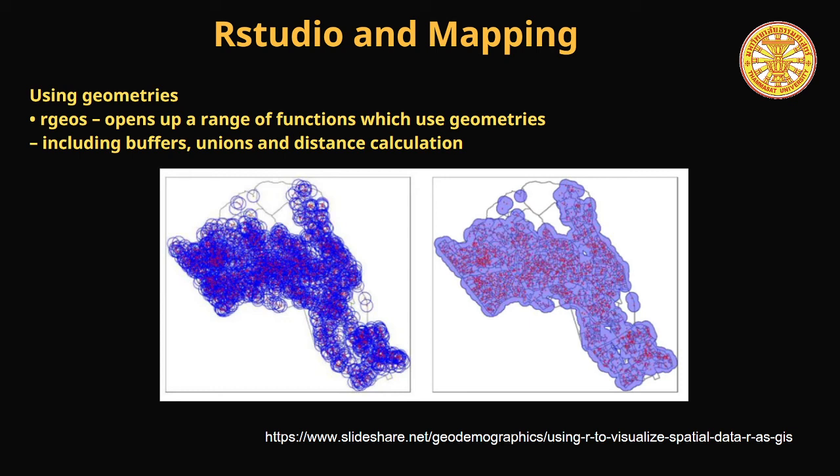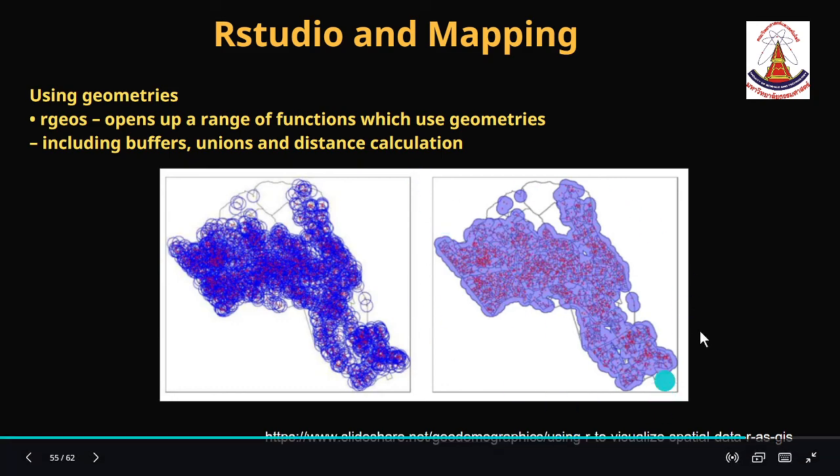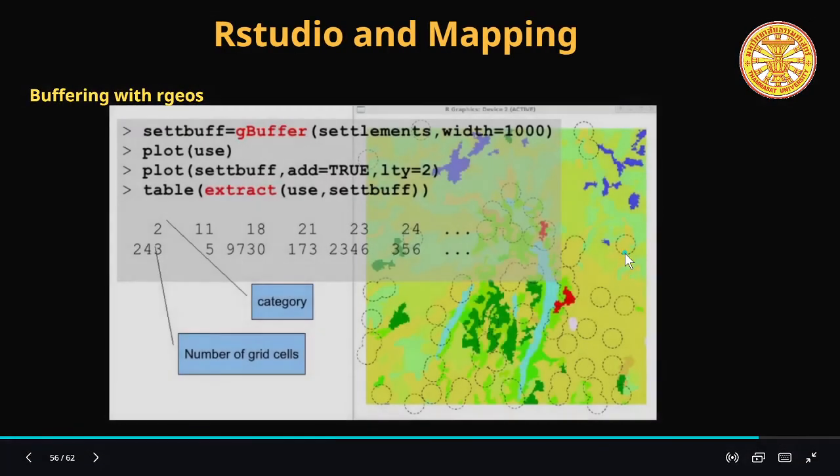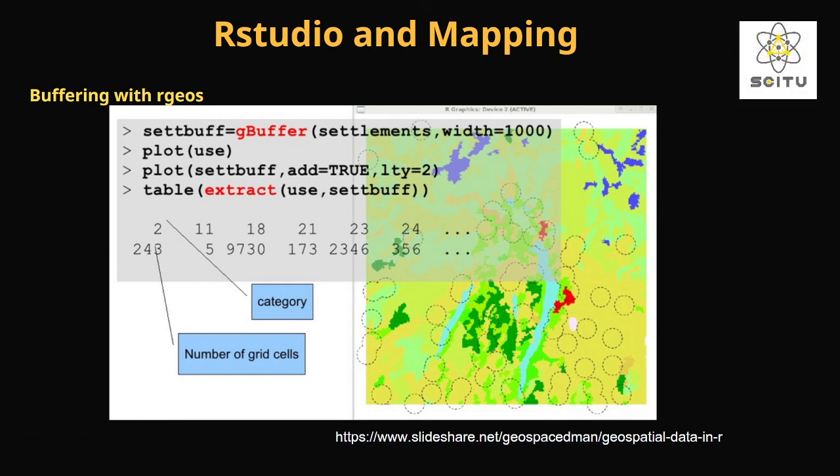Also, RStudio can do GIS analysis with functions like buffer. You must install a GIS library because it has the functions buffer, union, and distance calculation. In the window now we show how to use GIS to set the buffer function.